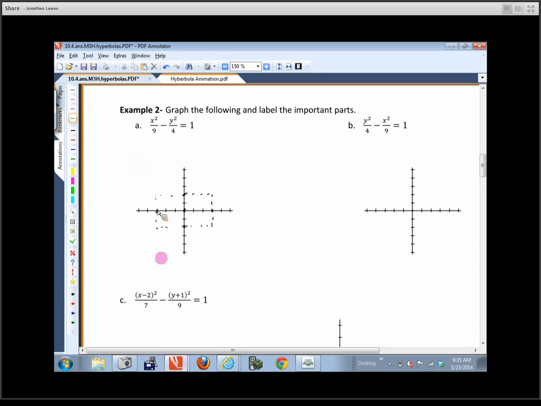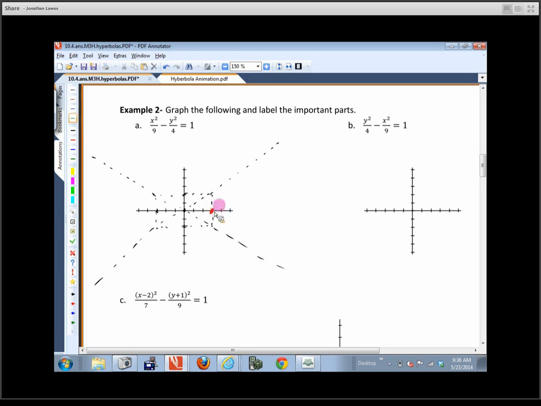I could have one that opens up and down, and one that opens right and left. So when I'm drawing these asymptotes in here, I start thinking about, well, it's either going to be up and down or right and left. How do you tell which it is again? The positive one. So this one opens right and left.